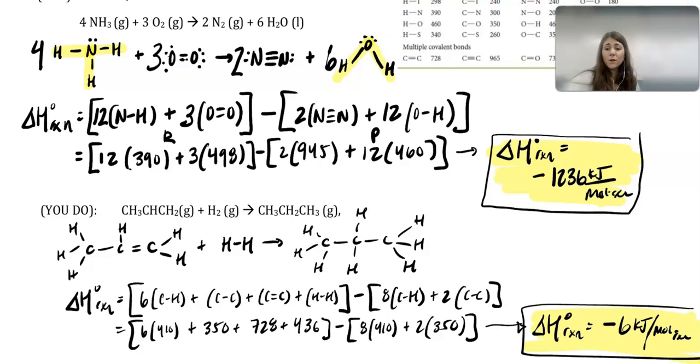Now, what you could have done is actually crossed off and simplified, because there are a lot of matching values on either side if you really, really wanted to. But overall, there was only honestly a change of negative 6 kilojoules per mole. This reaction didn't release overall that much energy, which is totally fine.